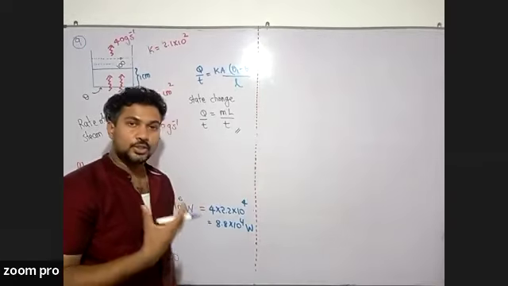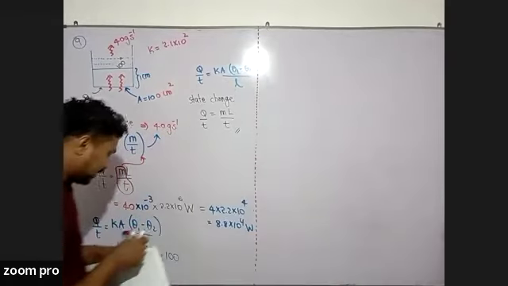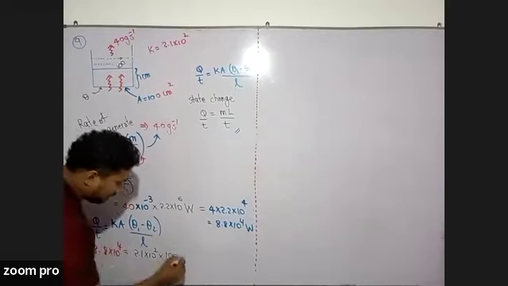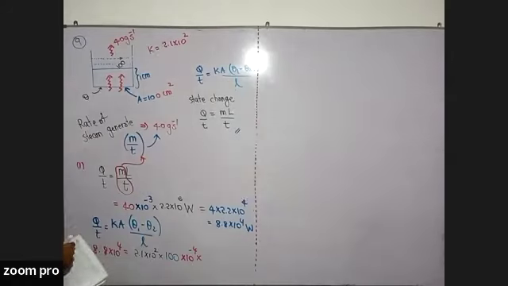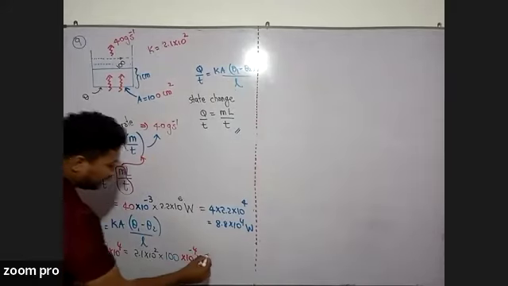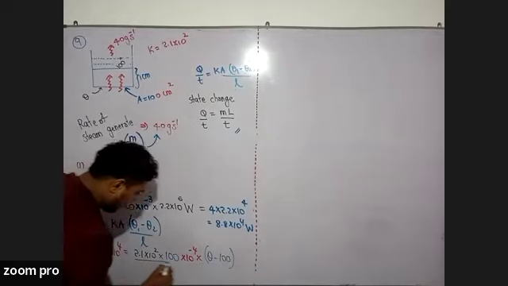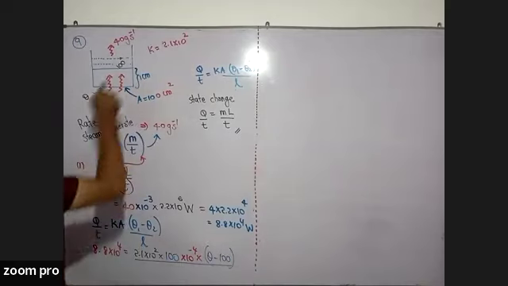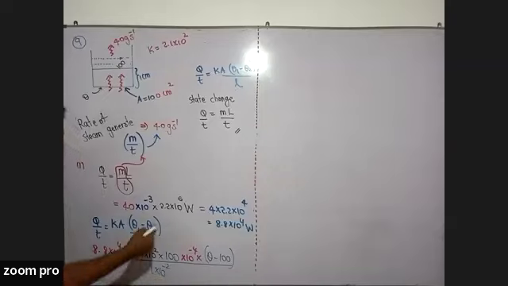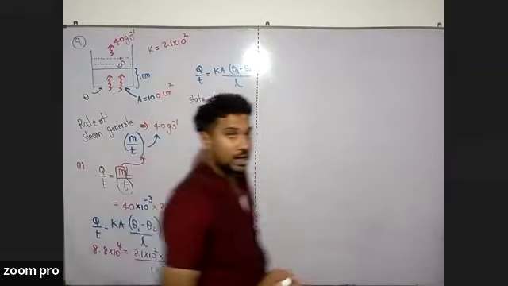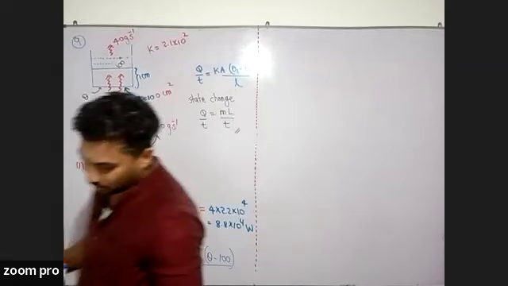In order to convert square centimeters into square meters, we have to multiply this given value by 10 to the power minus 4, and the temperature difference should be theta minus 100 over L. L represents 1 centimeter. So in order to convert this centimeter into meter, we have to multiply it by 10 to the power minus 2, right? Okay.